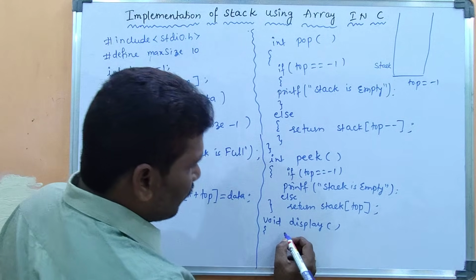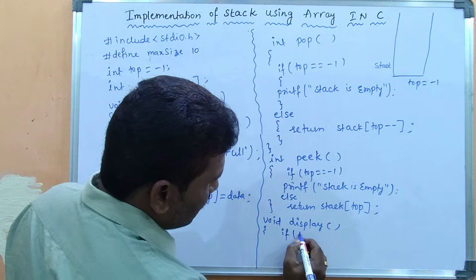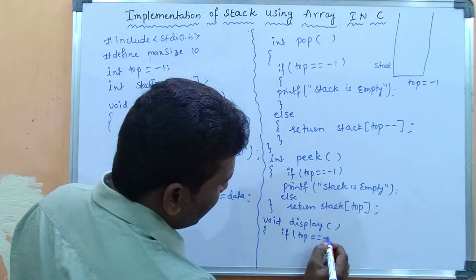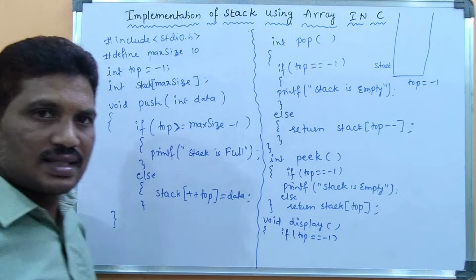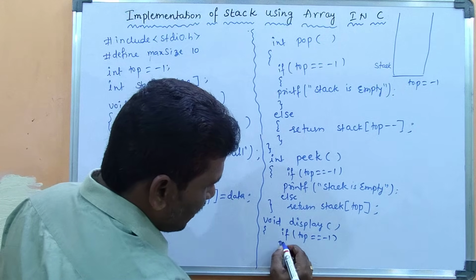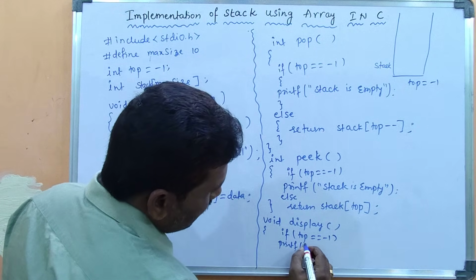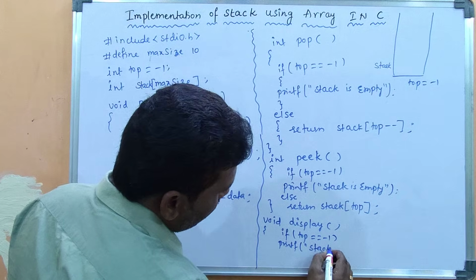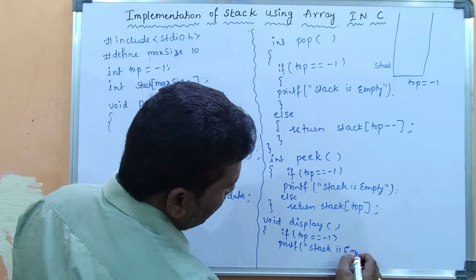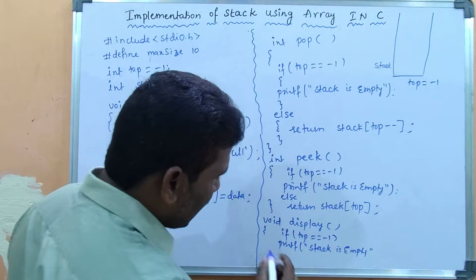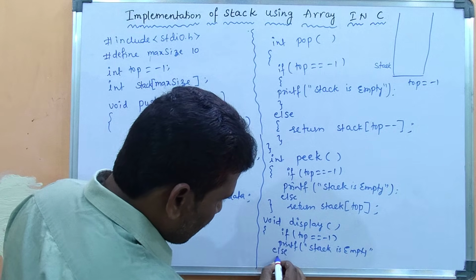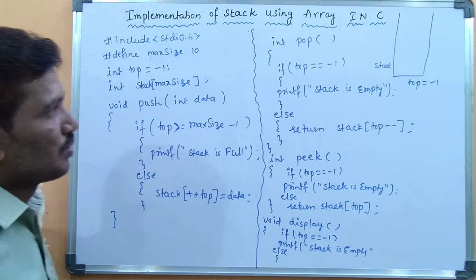Again, if the top value becomes -1, then the stack is empty, so printf "stack is empty". Else, you should write the code for it.